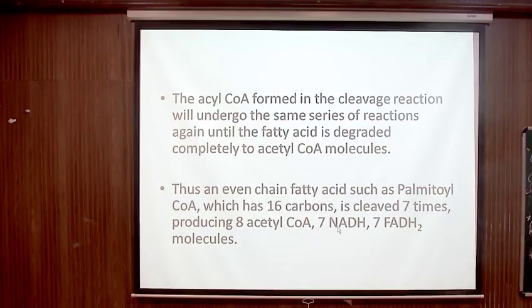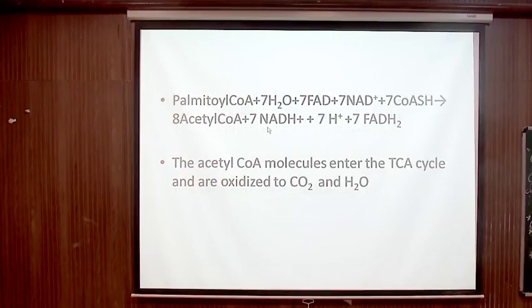So 7 NAD molecules are utilized and 7 FAD molecules are needed. When you write the reaction, you can write it like this: palmitoyl coenzyme A plus 7 molecules of water, because you have the hydration step and the cycle repeats 7 times, plus 7 FAD plus 7 NAD plus 7 coenzyme A is also needed, will give 8 acetyl coenzyme A molecules and 7 FADH2, 7 NADH plus 7 H plus.